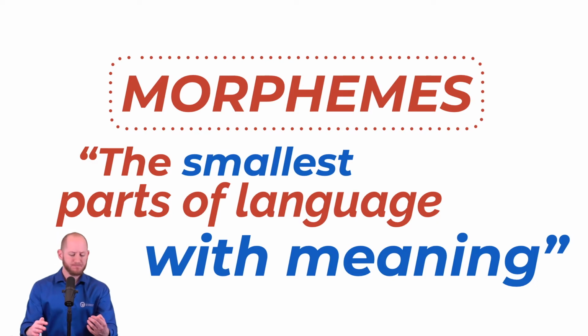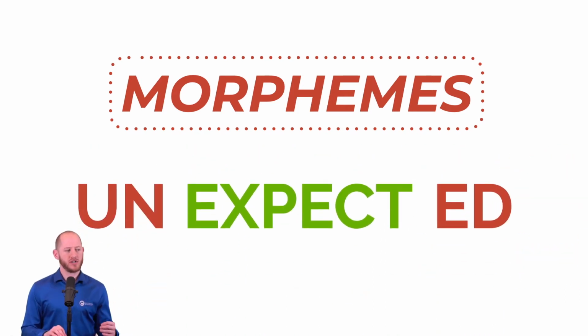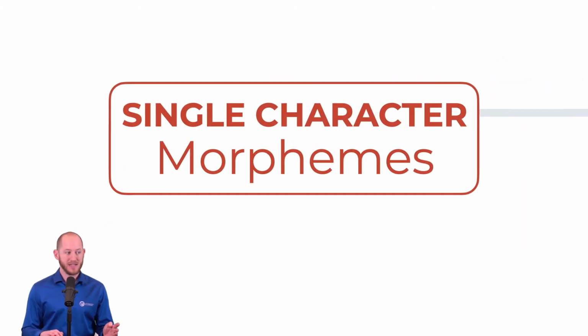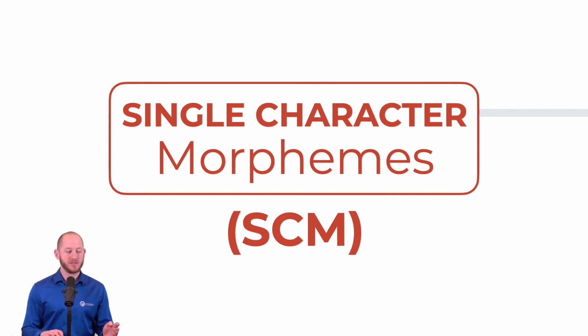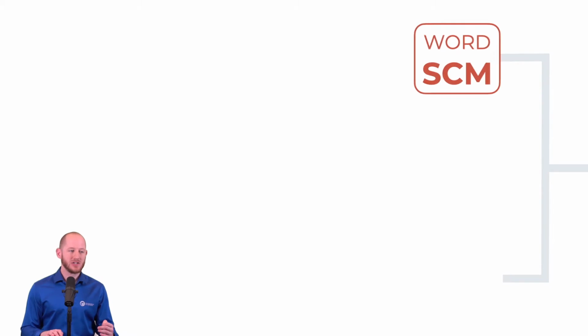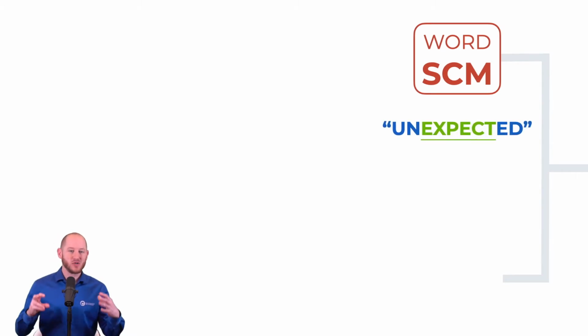And so you could think of this like the word unexpected. This word has 3 morphemes. And so this illustrates the point that some morphemes are words like expect, and some morphemes are not words like un or ed.